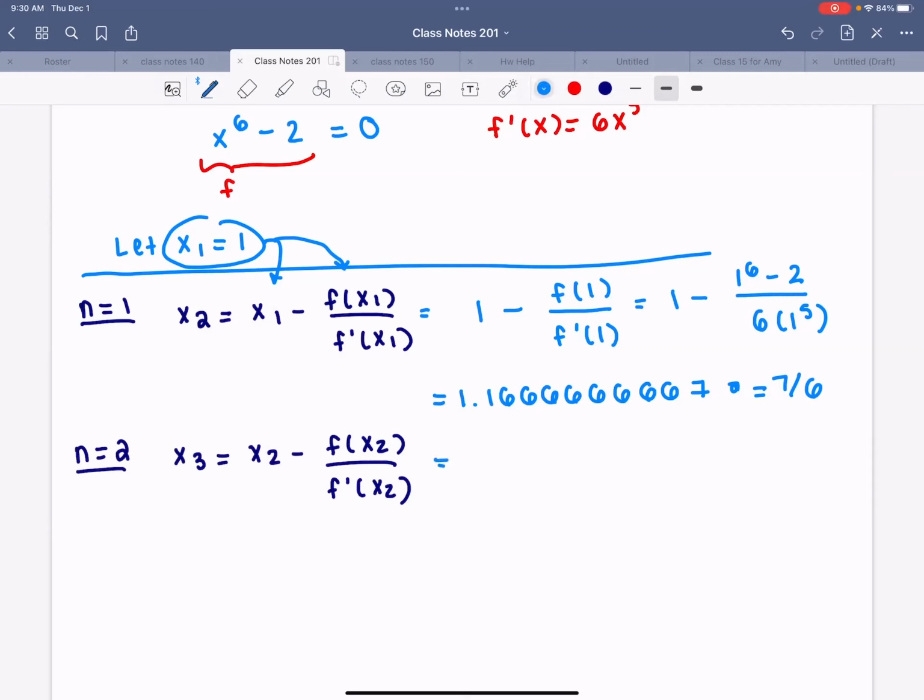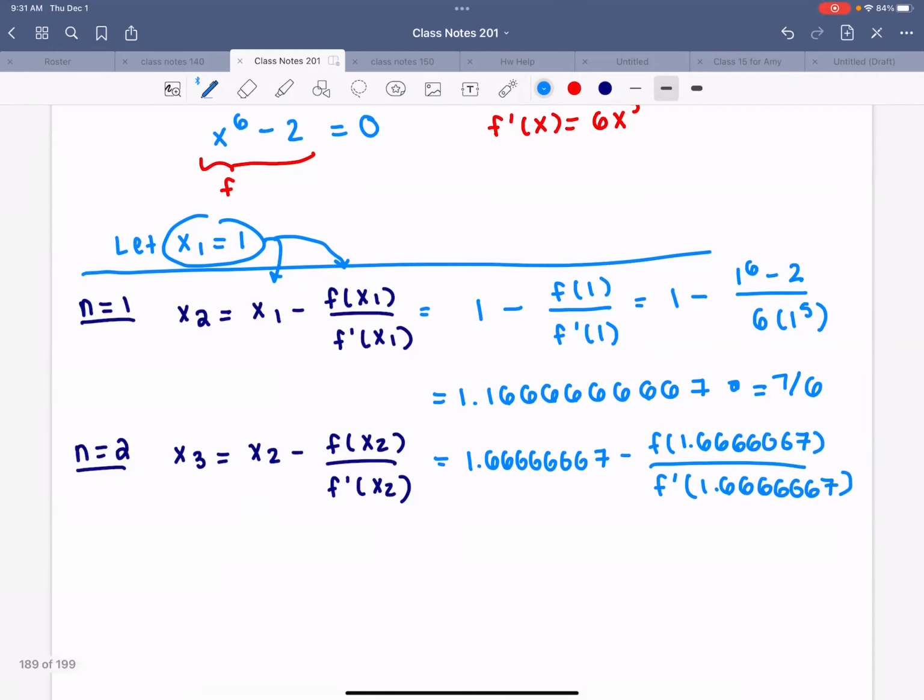So this becomes 1.666666667, I actually don't know how many decimals they went out to, probably 8, minus f of 1.666666667 over f prime. Okay, and let's just say I plugged this 1.6666667 into this equation. Now I don't expect you to do this. Okay, please don't do this.